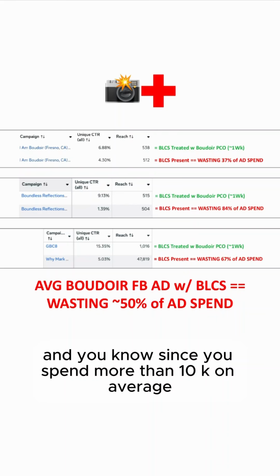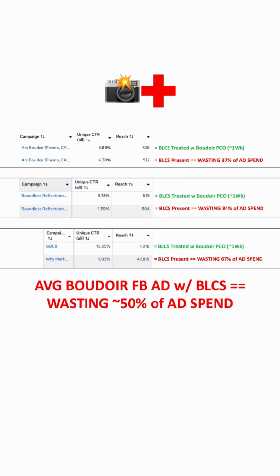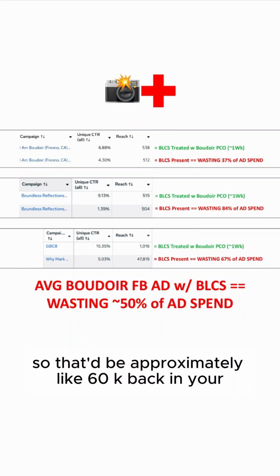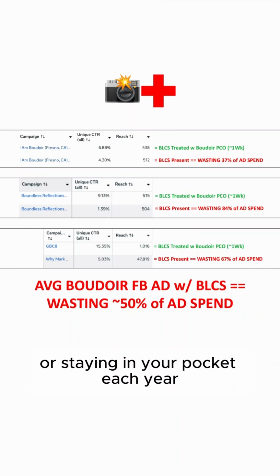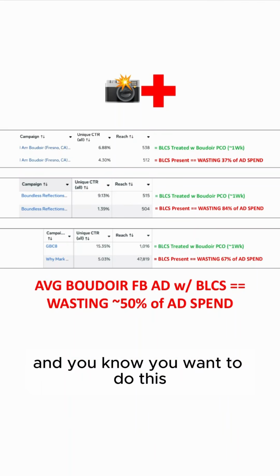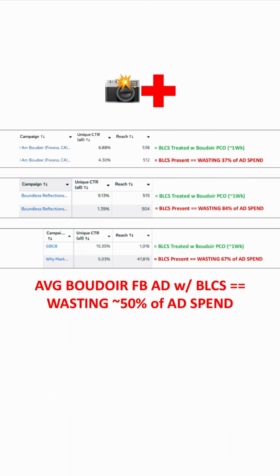And since you spend more than 10K on average, we can probably eliminate approximately 5K wasted ad spend per month. So that'd be approximately 60K staying in your pocket each year, kind of a phantom bonus. And you want to do this so you can be on your way to becoming the #1 boudoir photographer in your city.